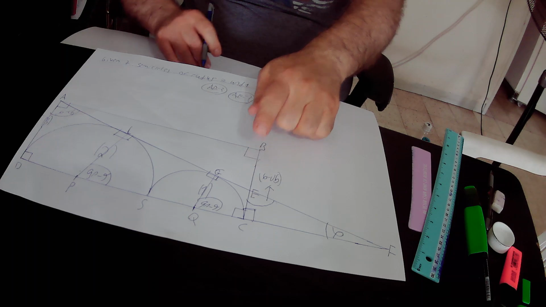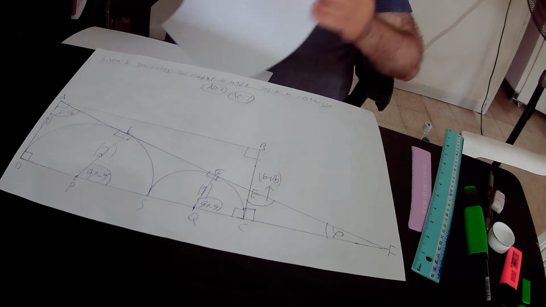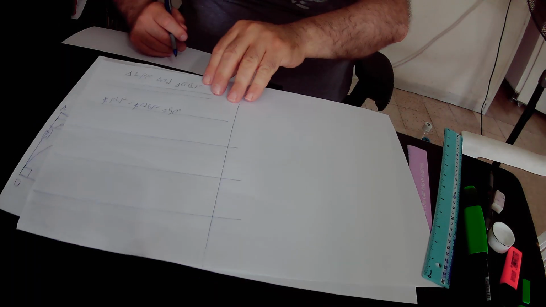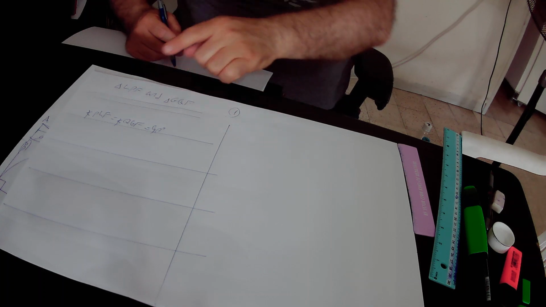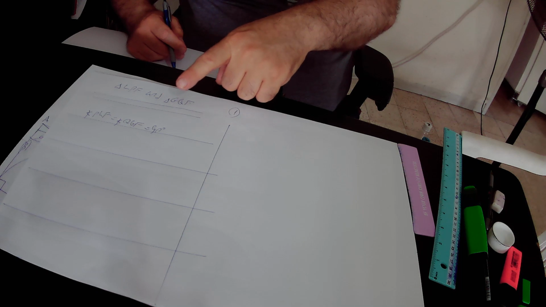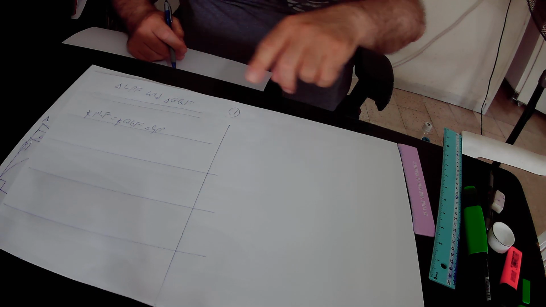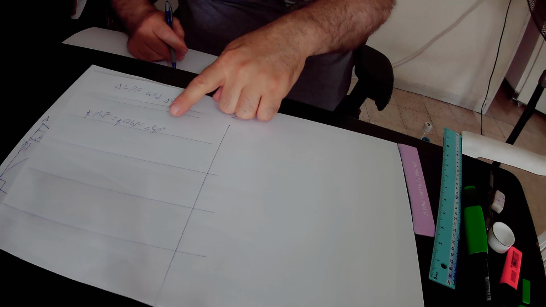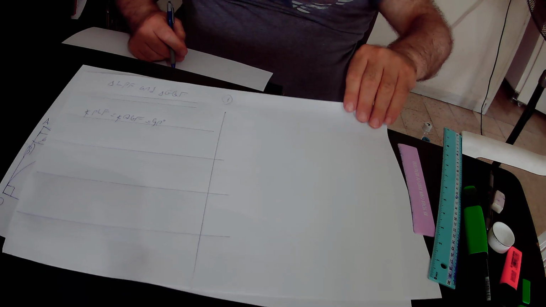So repeat again. We have found out that angle PLF in the big right triangle LPF equals angle QGF in the small right triangle FQG. They are both equal to 90 degrees, therefore they are equal to each other.